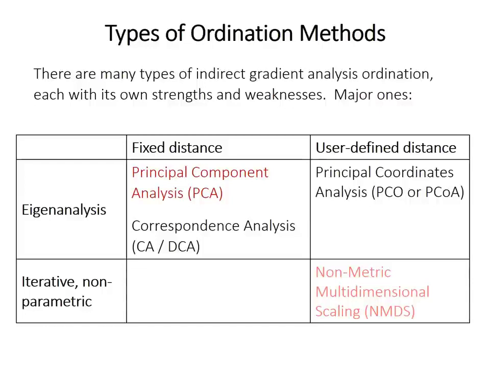So principal component analysis uses Euclidean distance between the points, as you'll see. PCA also determines the new axes through a process called eigenanalysis, which uses the eigenvectors of a matrix. Other methods can use a more iterative, trial and error type, non-parametric method. I'll discuss non-metric multidimensional scaling in the next video, but the other two examples listed here we're not going to cover in this class.